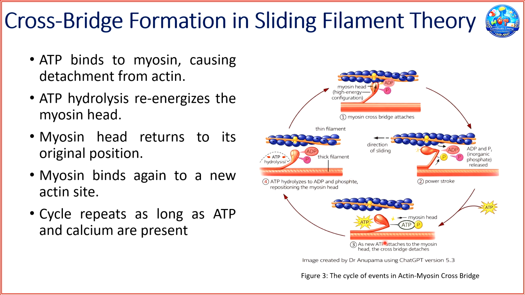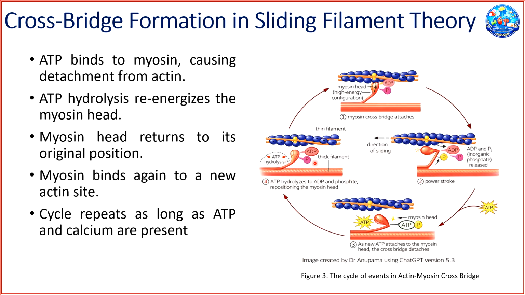Once ATP is bound, it detaches from the actin filaments. ATP hydrolyzes to generate energy, where you get ADP and Pi plus energy. This re-energizes the myosin head.